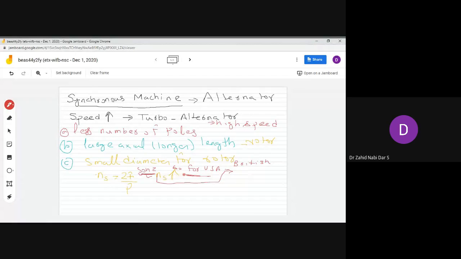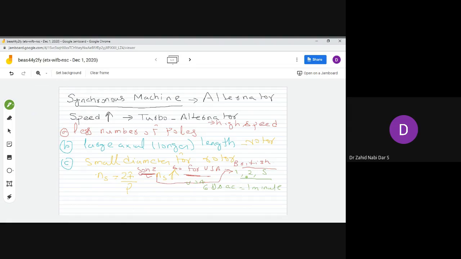If you look at the British numerical system, they adopted one, two, and five. The US took 60 hertz because 60 seconds is equal to 1 minute. That's why they kept 60 hertz.